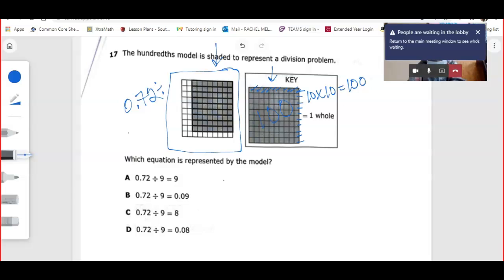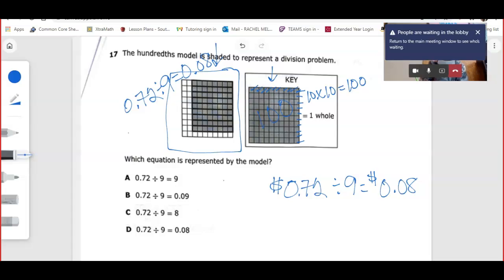Okay, so if I'm dividing 72 hundredths into 9 groups, how many are in each group? 8. 8 what? 8 hundredths. Okay, another way of saying that is if I have 72 cents and I'm sharing that between 9 people, everybody gets 8 pennies, right?